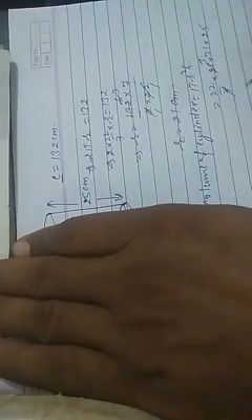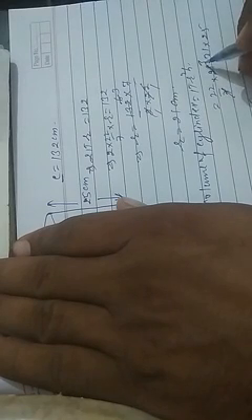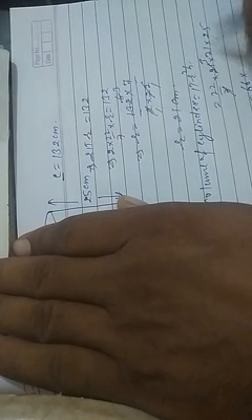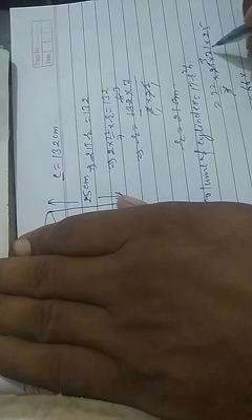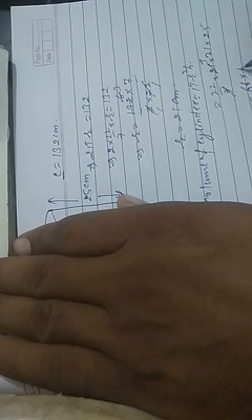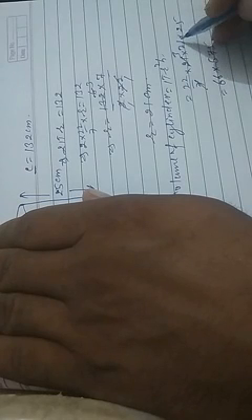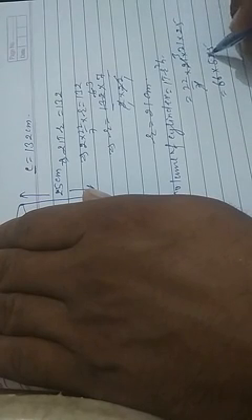Then we calculate this: 22 into 3 is 66 into the product of 21 into 25, which will be 525. Calculate this again: 25 into 21 is 525.